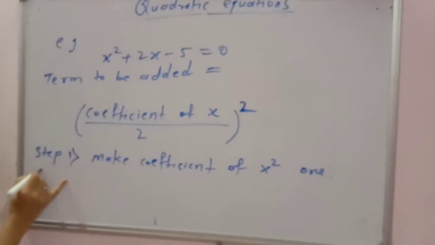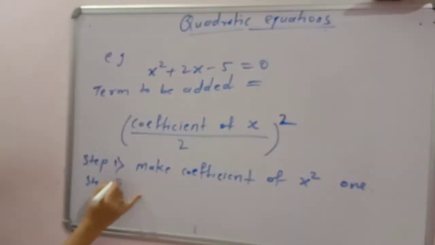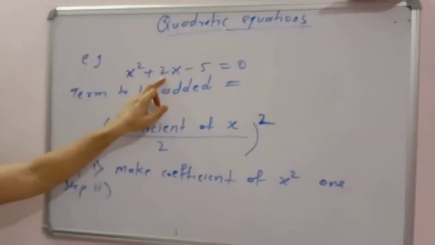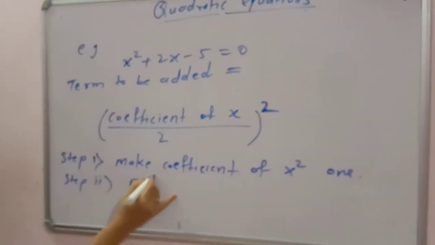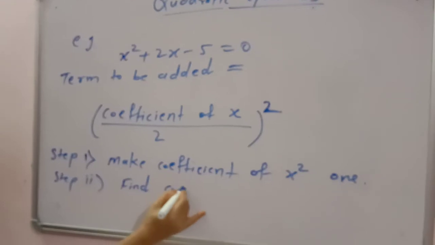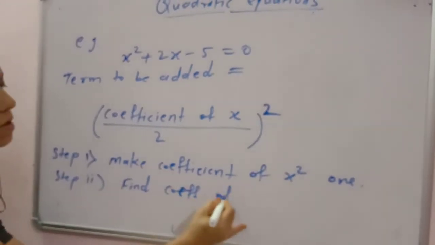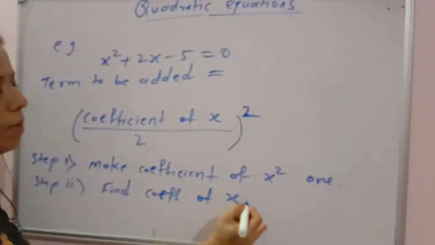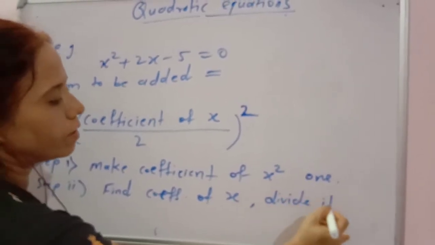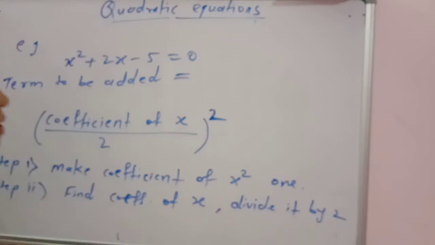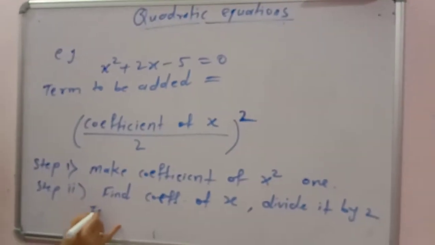After that, in the second step, what do we have to do? Find the coefficient of x, divide it by 2 and take its square.